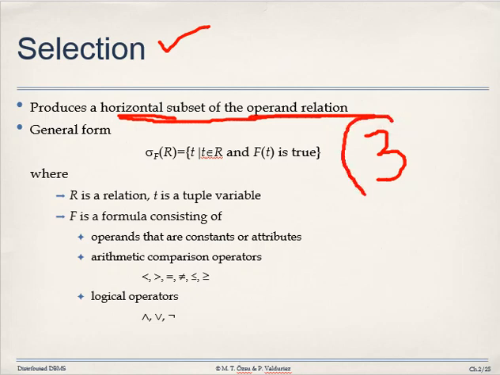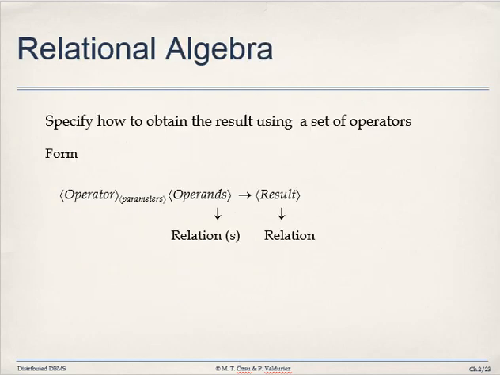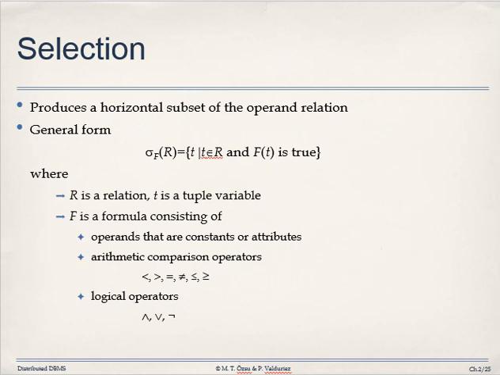Three records in the sense that only 3 customers made a transaction of 1 lakh rupees. So here we have only 3 records in the relation, because the operand is a relation and the result is also a relation. So we get a relation of 3 customers as the result. What is the general form of selection? The selection symbol is sigma, F is the function, R is the relation.